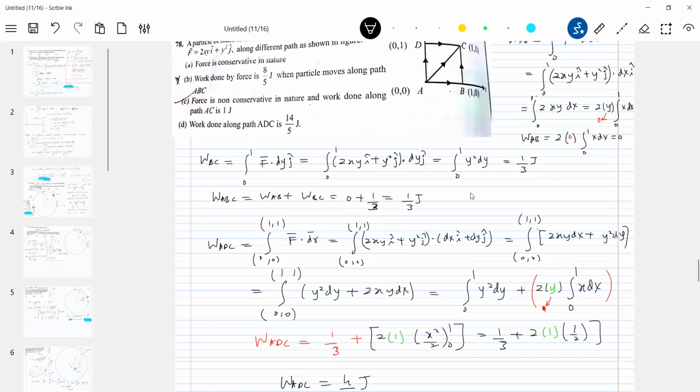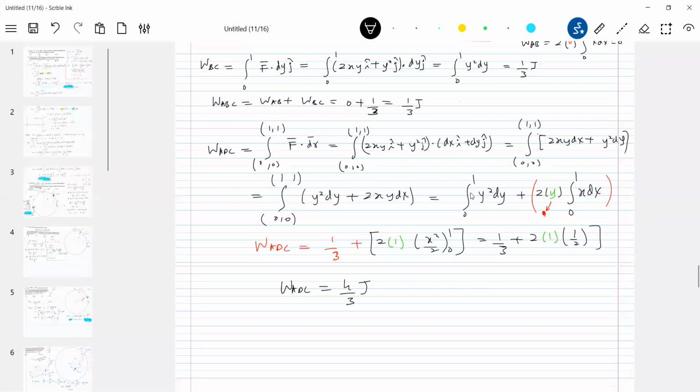So look at the work done by the force along ABC and along ADC. I'll bring it here. Along ABC it is 1 by 3 joule. Along ADC it is 4 by 3 joule. According to the definition of a conservative force, work done is independent of path. But here the work done by the force depends on the path. So can you say the force is conservative or non-conservative?